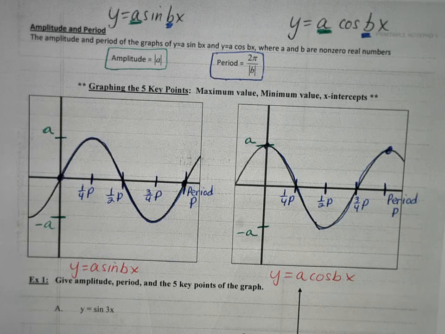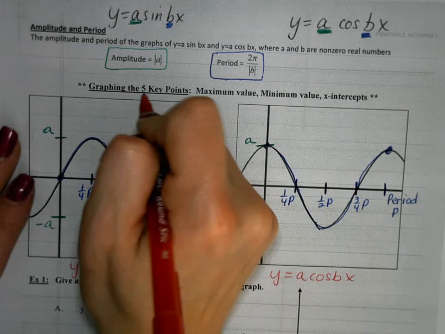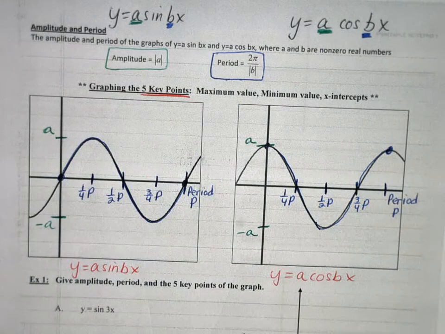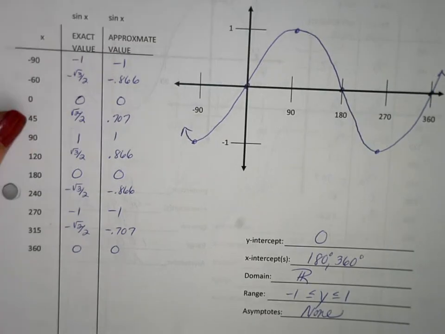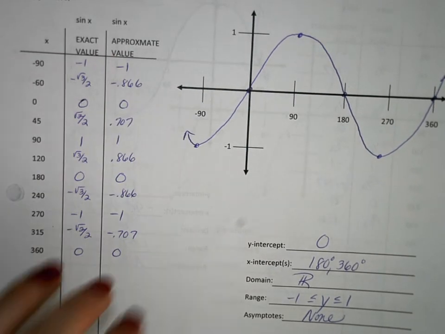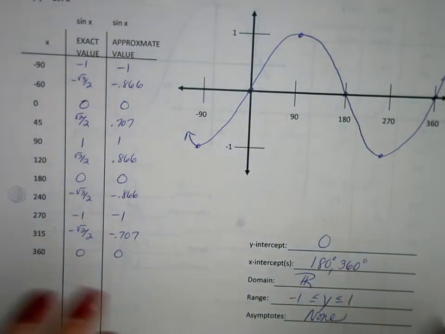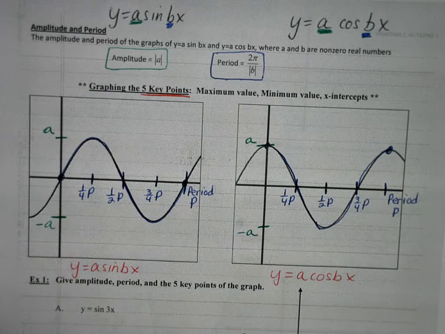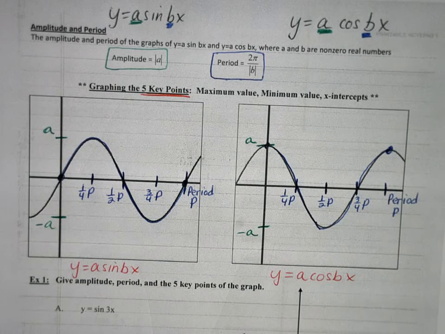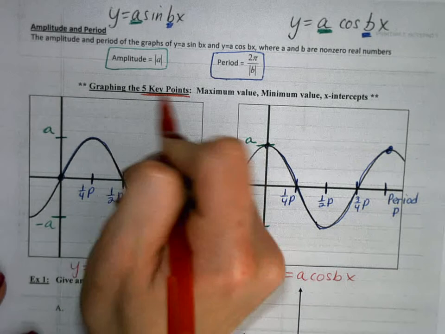Now, there are 5 key points on the graph. When you did worksheet 14.1, I made you plot a whole boatload of points, hoping you'd play connect the dots and get an idea of what this graph looks like. But now that we know what the pattern is, for sine and cosine, we only need to graph 5 key points each time.